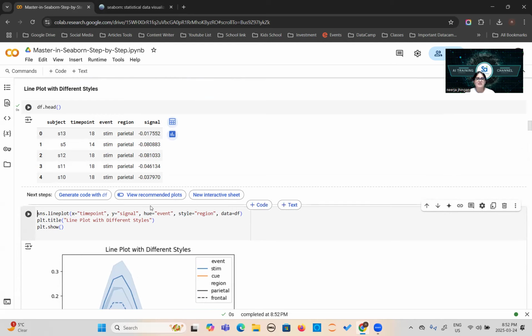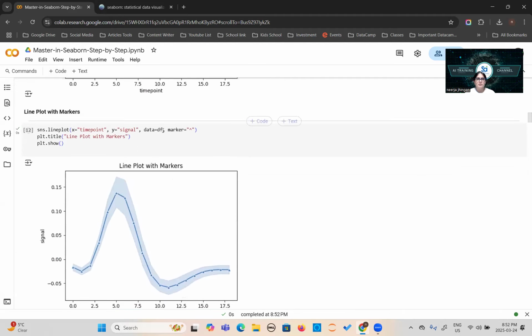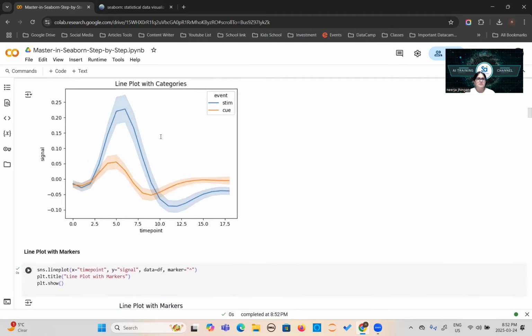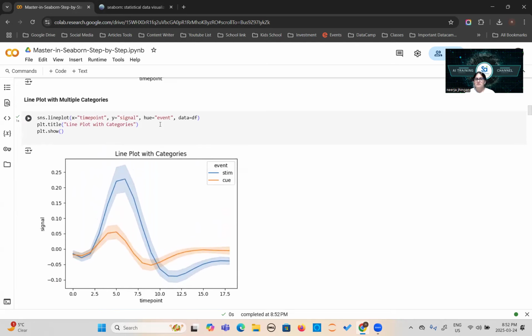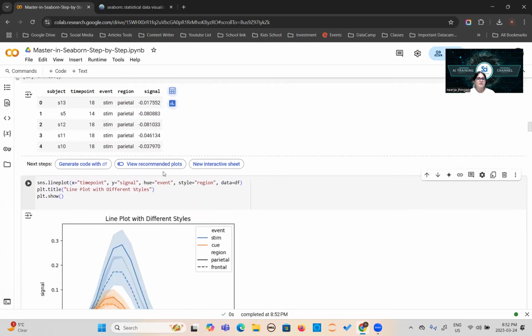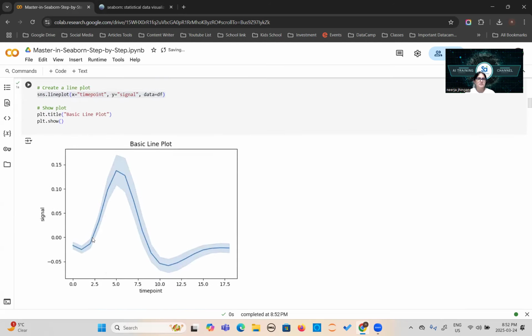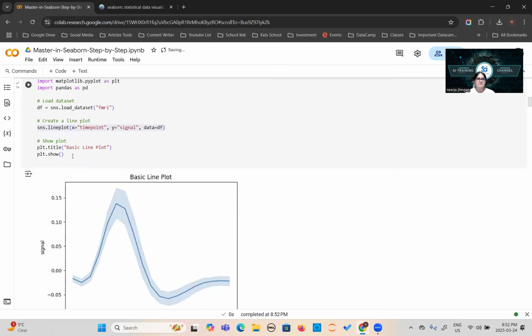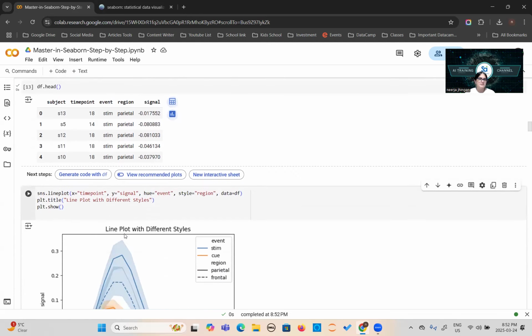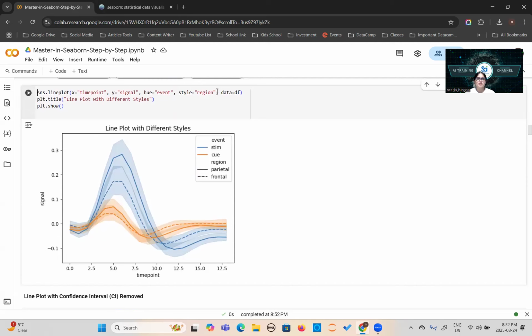This is the data set which we loaded from here, the fMRI one. And then we are adding the region here too.